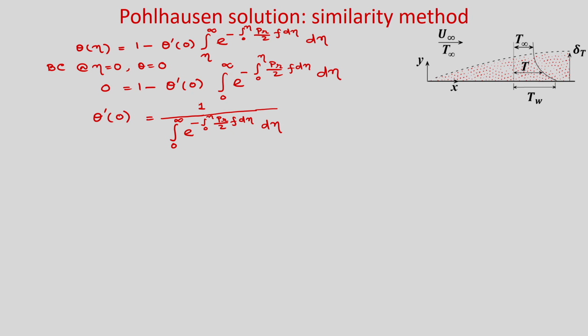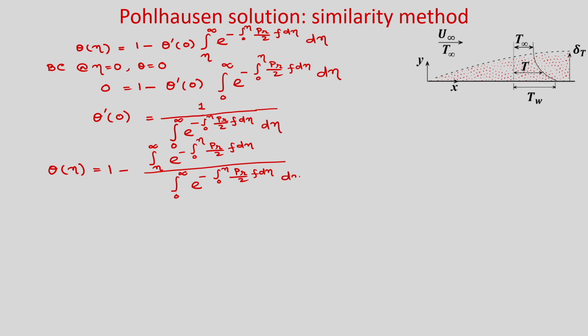Okay. So, once theta prime 0 is known, so now you can find theta eta. So, theta eta you can write 1 minus, in the numerator you have the integral from eta to infinity of e to the power minus the integral from 0 to eta of Prandtl number by 2 f d eta, divided by the integral from 0 to infinity of e to the power minus the integral from 0 to eta of Prandtl number by 2 f d eta, d eta.